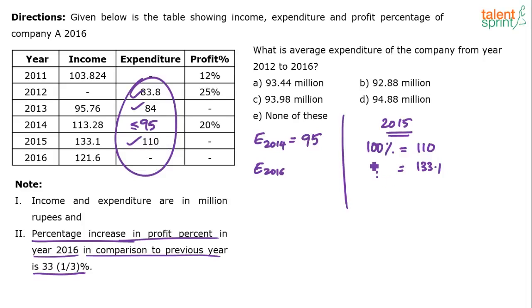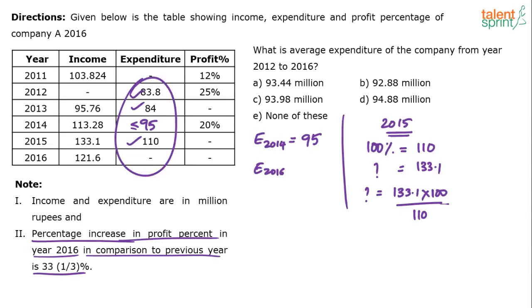So what percentage will be 133.1? Once you get this percentage, you will know the income in terms of percentage, and based on that you can find the profit percentage. This is 110 plus 23.1, so it comes out to be 133.1 into 100 upon 110.